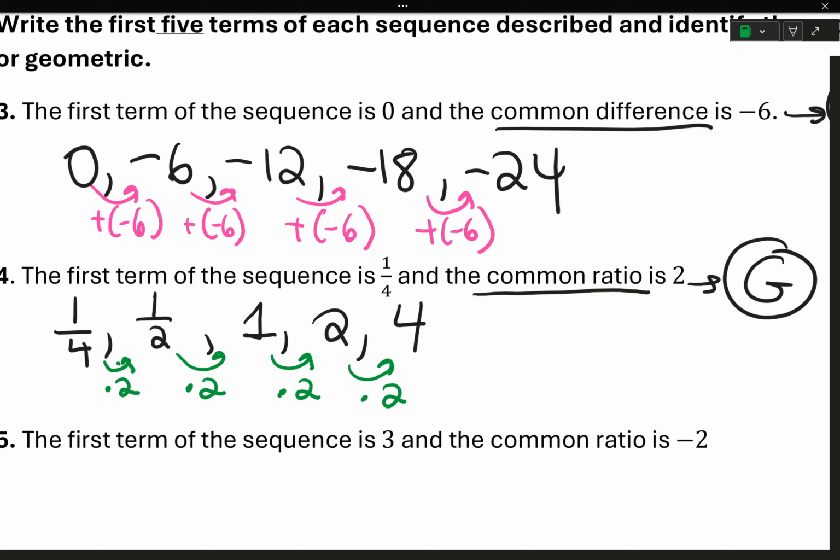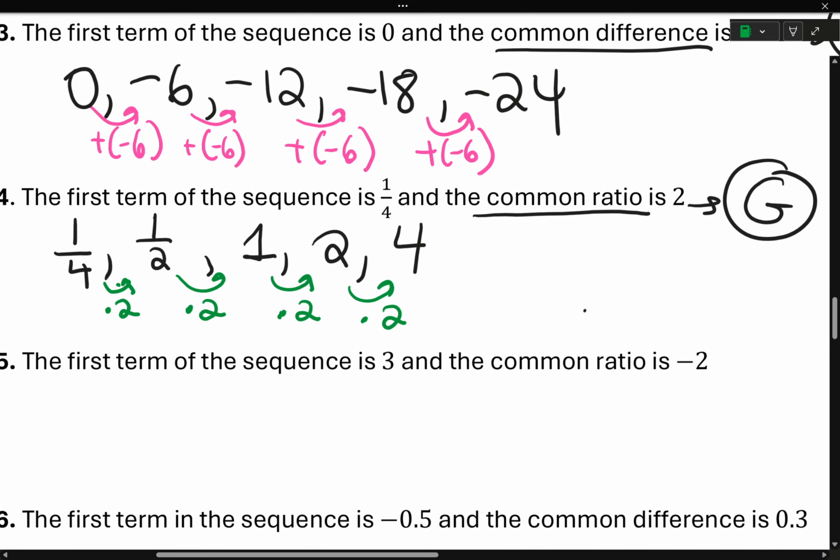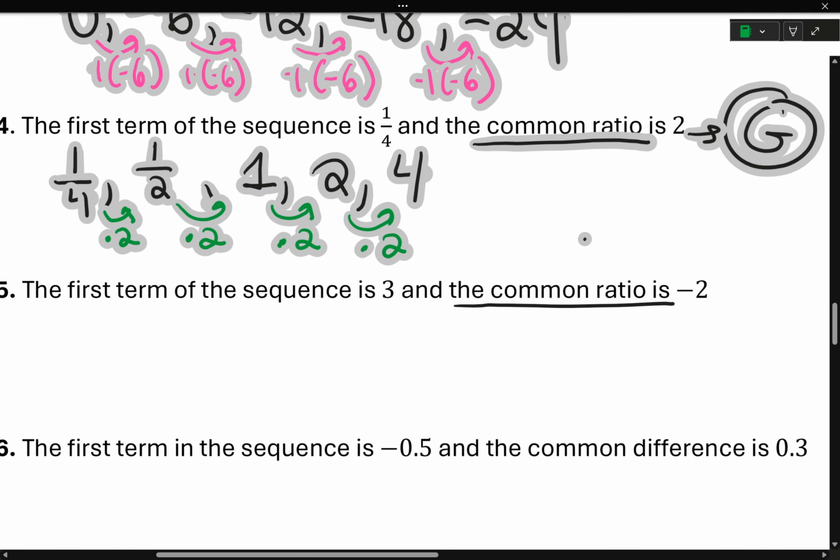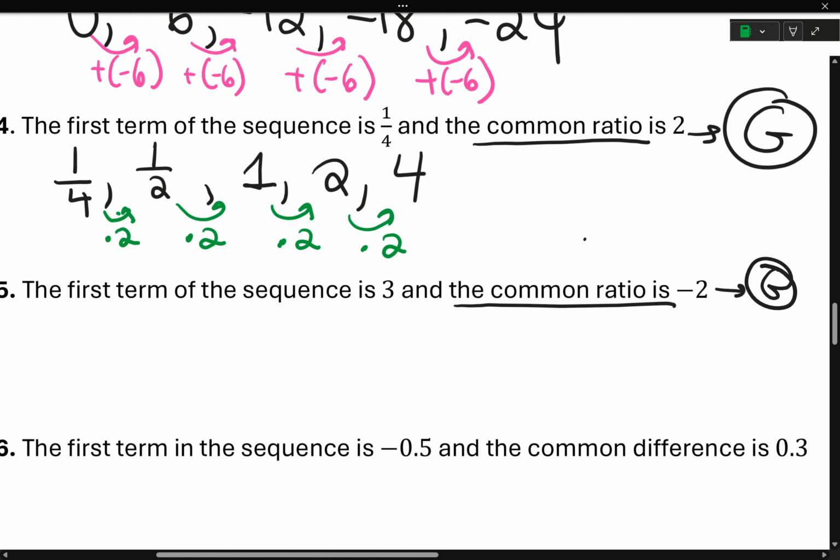Perfect. Number 5. The first term of a sequence is 3, and the common ratio is -2. Common ratio means it's geometric. Let's write the list. We start with 3, and then let's multiply by -2. Times -2 is -6.